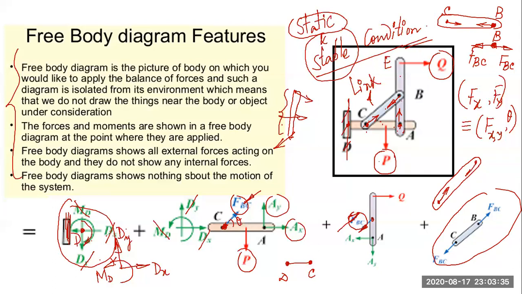Both are correct because at every point all are under stable equilibrium or static stable condition. So at any point equal and opposite two forces are acting. Clear? In this way we have to draw the free body diagram, and these free body diagrams are required only to solve the equations of equilibrium, which we will see in the next class.